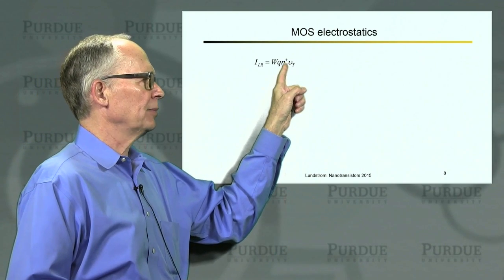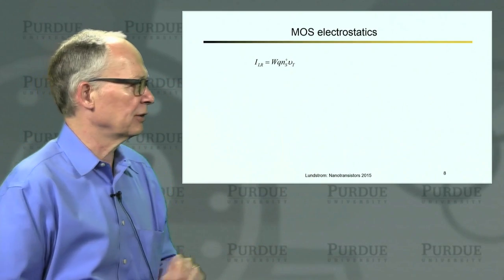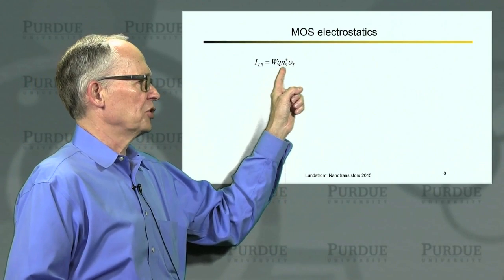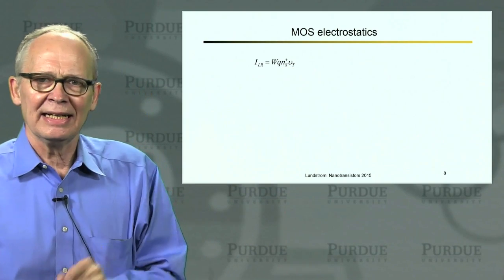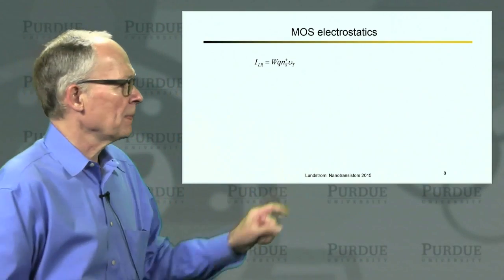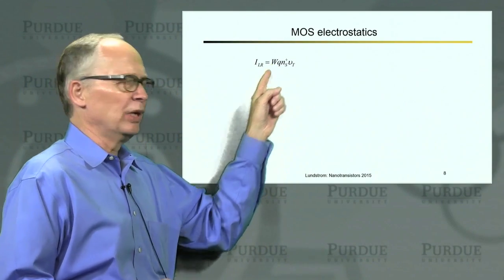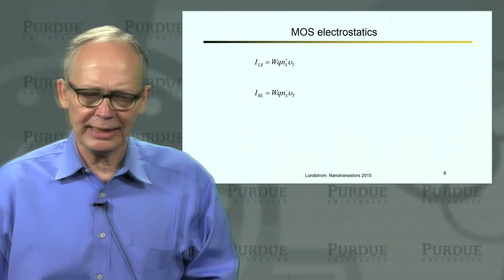I'll write that as n sub s plus because they're moving with a forward velocity in the plus x direction. So the charge is q times n sub s plus. The velocity that they move at is this thermal velocity, this random thermal motion. And the width is just the width of the MOSFET. Okay, so that's the current from the left to the right.